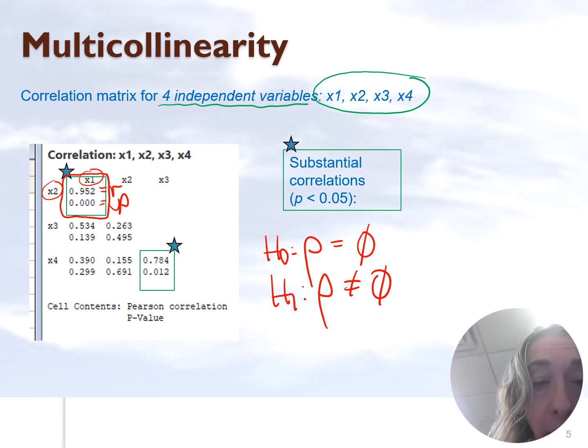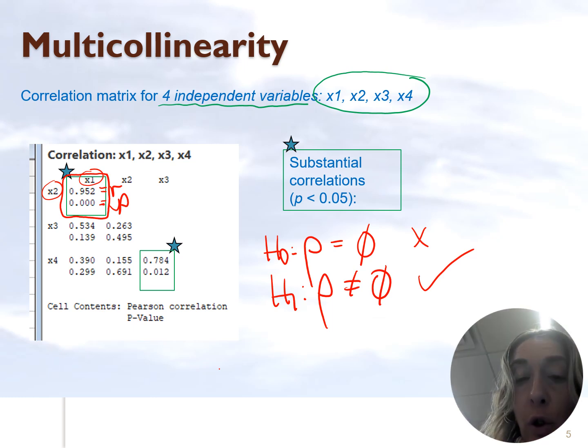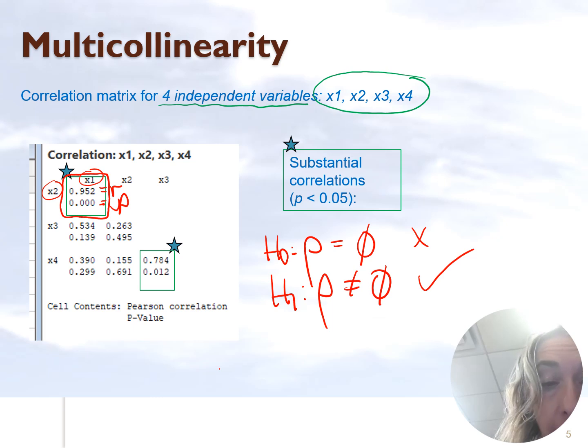With that low p-value, we're able to reject the null and accept the alternative, which says that in the population, the correlation coefficient between x1 and x2 is not 0. It's significantly different from 0. So this correlation coefficient of 0.952 between x1 and x2 is not only high, but significantly different from 0 in the population.